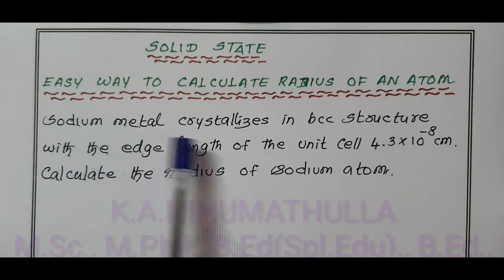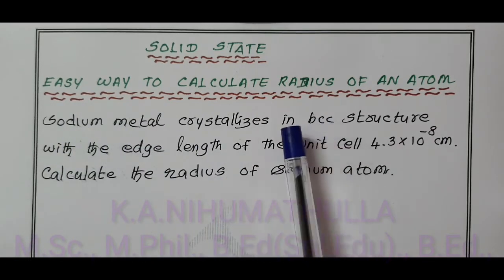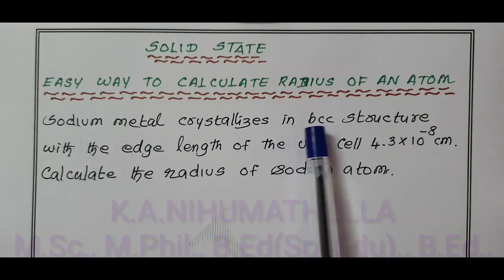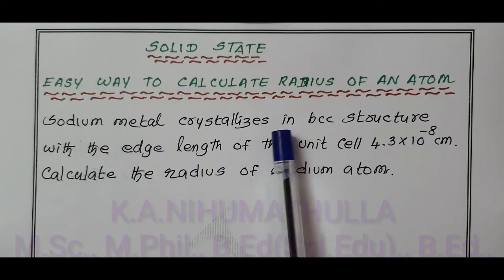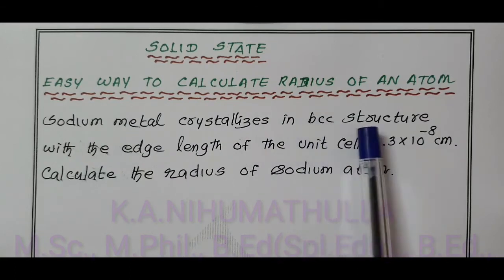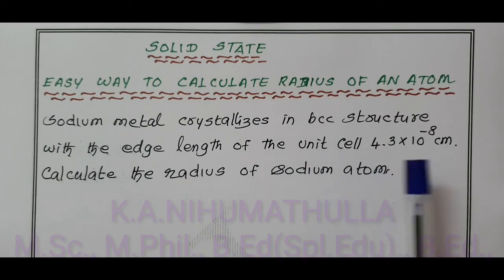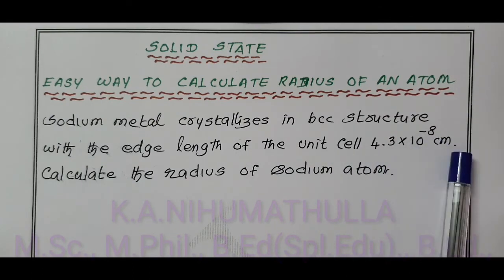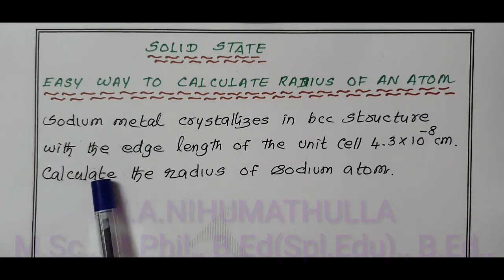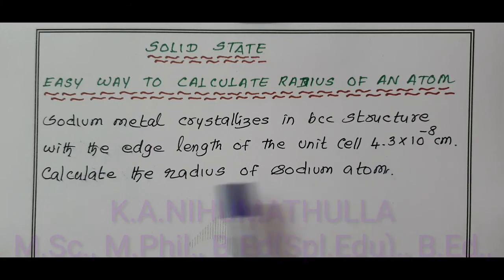The problem given is: sodium metal crystallizes in body centered cubic structure with the edge length of the unit cell 4.3 × 10^-8 centimeter. Calculate the radius of the sodium atom.